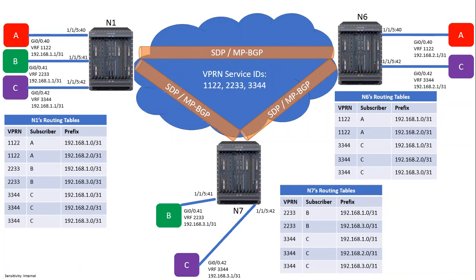And we're going to be exchanging labels through those service tunnels, but instead of using targeted LDP to generate those service labels, we're going to be using BGP labeled unicast to generate those service labels. And that label information is going to be exchanged instead of using LDP or targeted LDP. It's going to be exchanged in update messages using multi-protocol BGP.